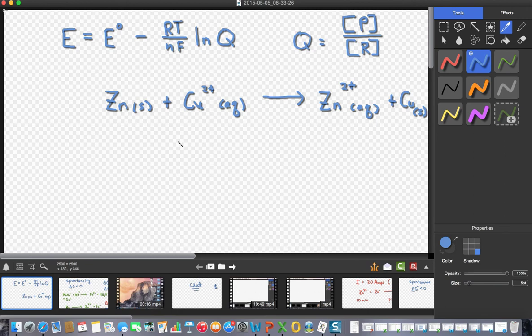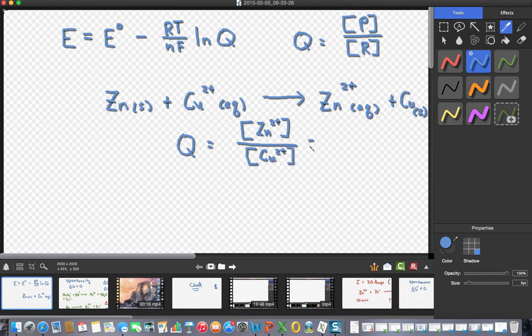Q for this process is going to be the concentration of zinc 2+ divided by the concentration of copper 2+.